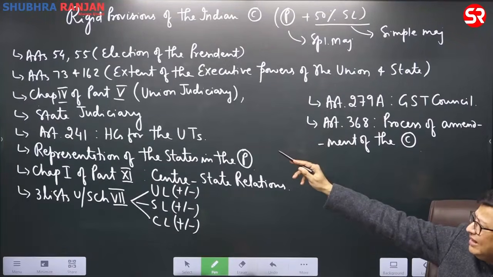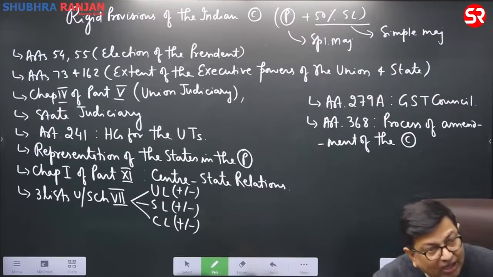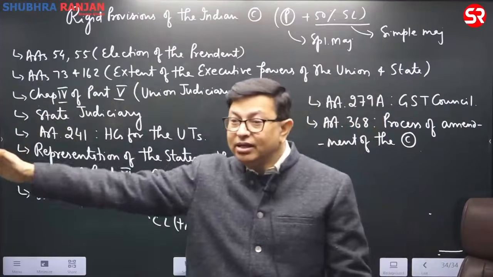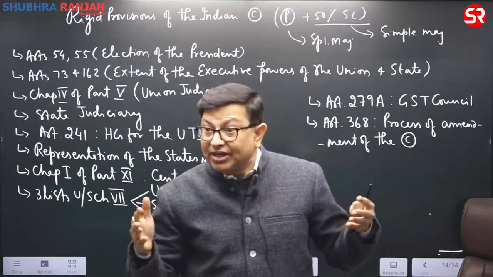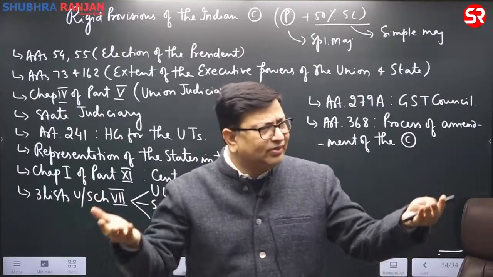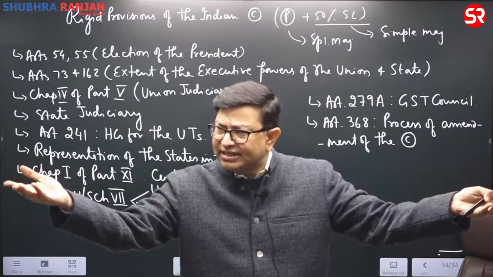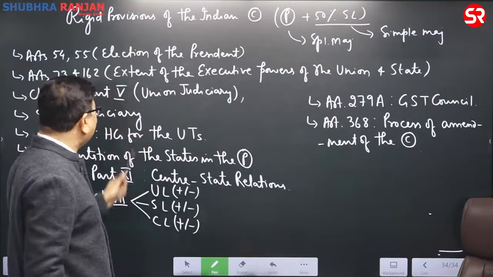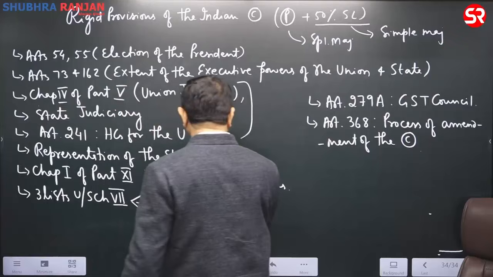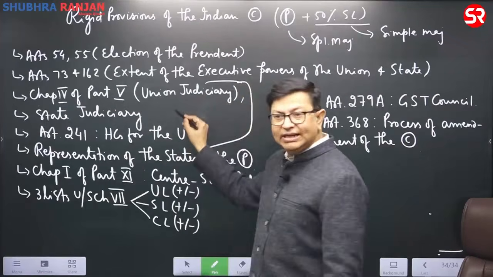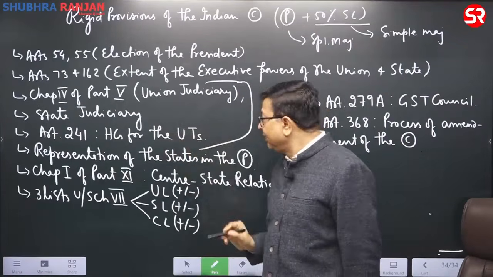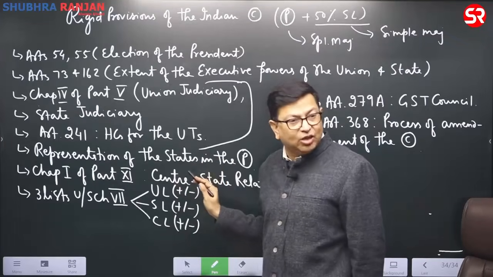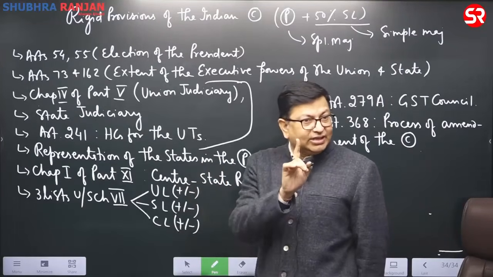Similarly, Article 73 and 162: what will be the extent of the executive power of the union government and state government, you cannot arbitrarily change it. You change it, but with the consent of 50% of the states. Then it is to maintain independence of judiciary. Then representation of the states in the parliament, the same rule applies, to protect the interest of the states.